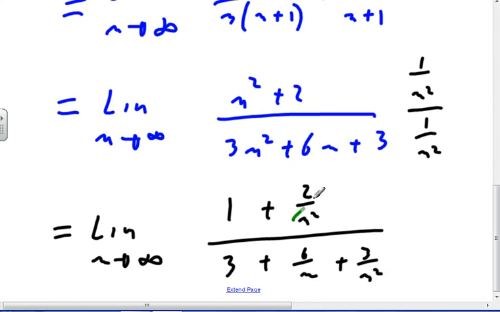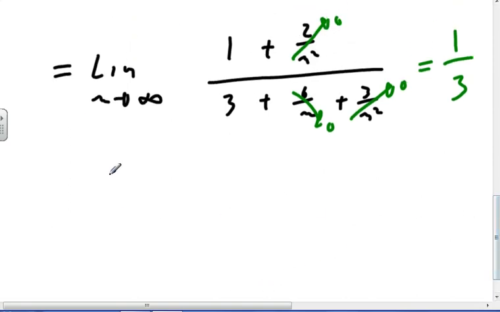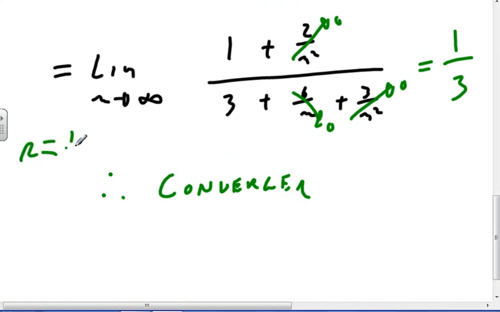As I go to infinity, this goes to 0, that goes to 0, this goes to 0, and I end up with 1 over 3. 1 over 3 is less than 1, therefore converges. R equals 1/3, which is less than 1. Therefore, it converges.